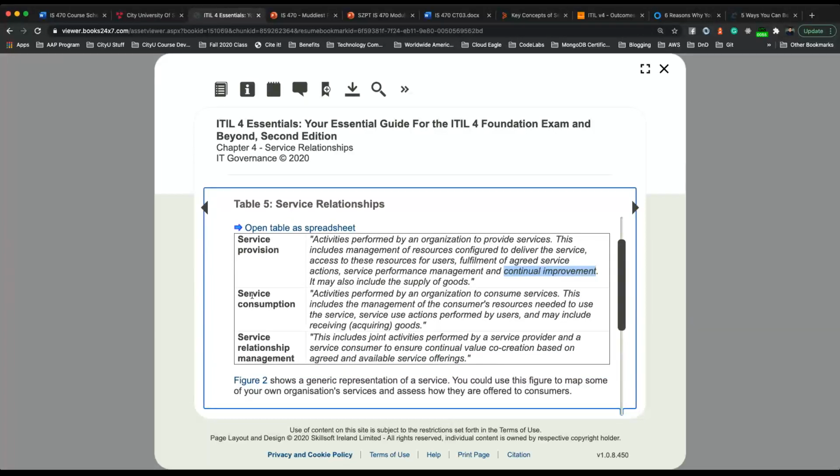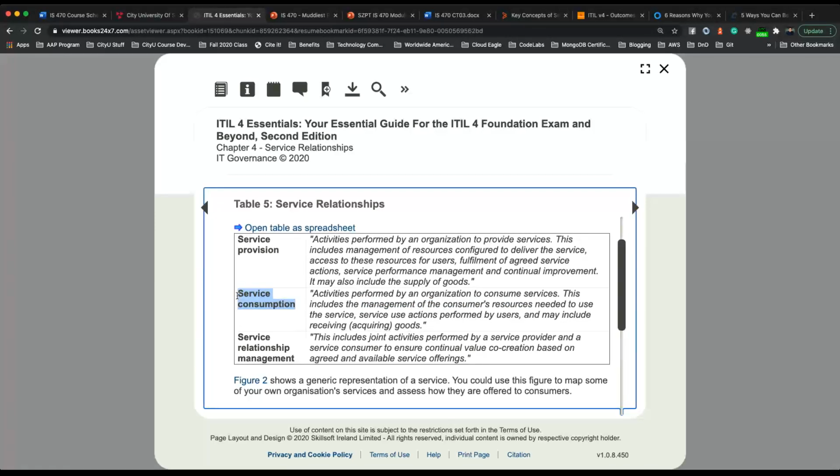For service consumption, these are activities performed by an organization to consume services, meaning the consumers. Again, consumers can be individuals or companies or organizations. They also need activities on how to manage the consumer's resources to use the service.